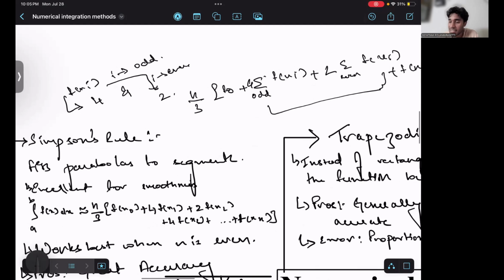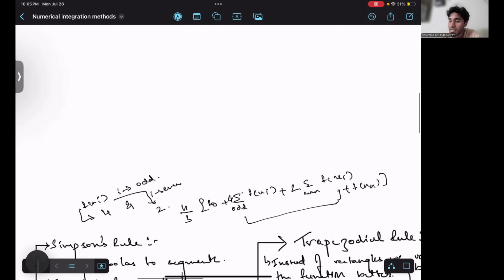So let's look at the same example in Simpson's rule, where f of x is equal to x squared, and we have to find the integral from 0 to 2 of f of x dx, and n is equal to 2 and h is equal to 1.